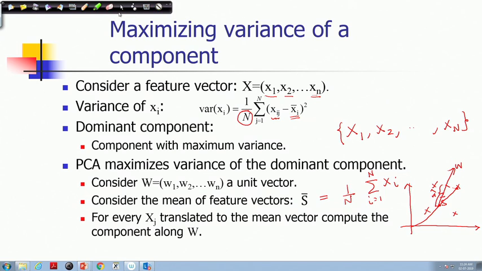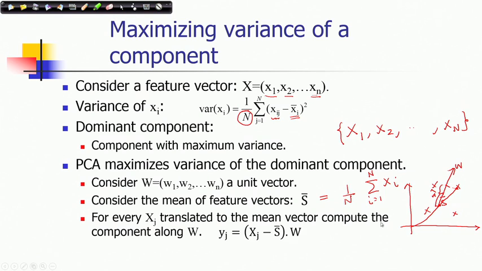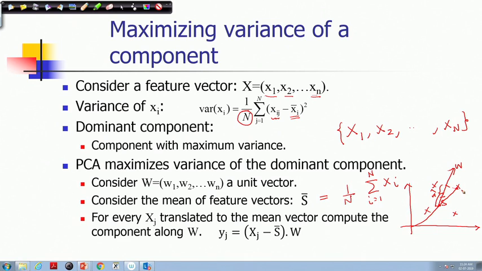That is how we compute it. So, if this is xj, this is yj. This part is yj, which is xj minus S bar. This is the vector xj minus S bar, and this is the direction of W, which is a unit vector in this case. You take the dot product of these, and you get this component yj.